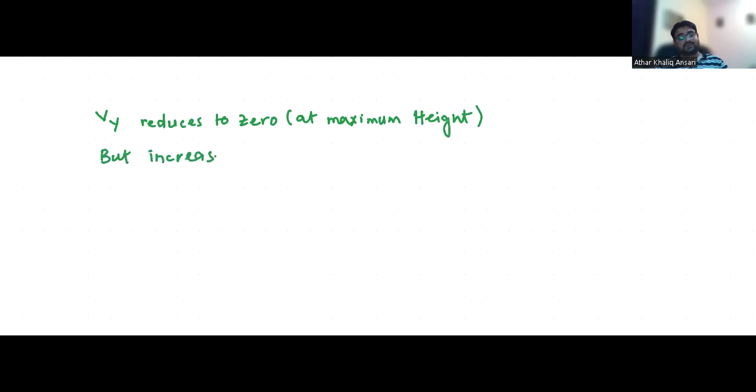So vy is decreasing to zero and again increasing in the downward direction.